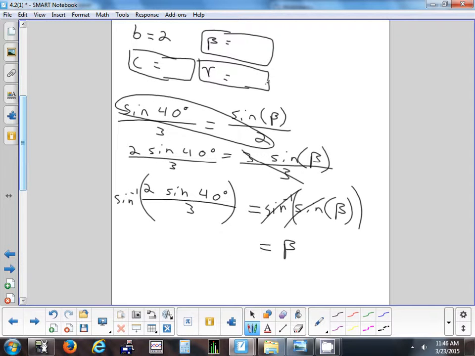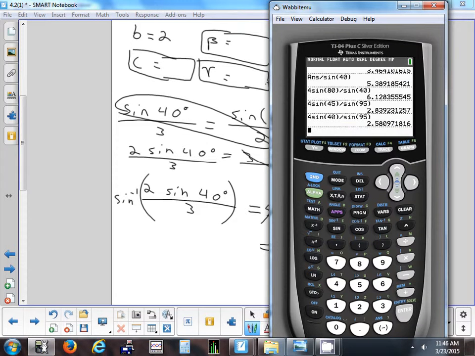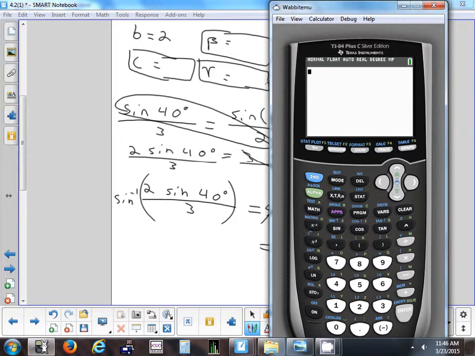So beta, just type that in. See what you got. When we type this in, we're about to find out at least if this is a no solution problem or one solution. We won't know if it's 2 yet, but we'll be able to figure out if it's at least a no solution or there are solutions. Okay.